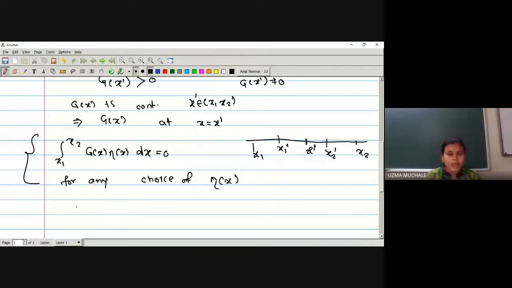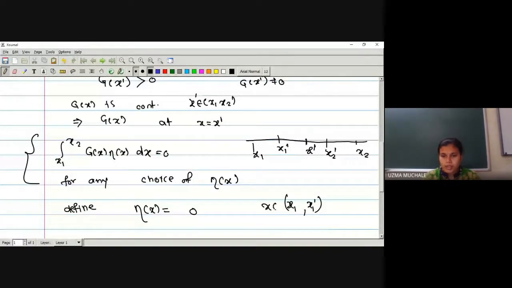So that's why we can define eta of x, because they have told us in the given condition that eta of x can take any value. So hence we can take the value of eta of x equal to 0 for the interval x1 to x1 dash, correct?